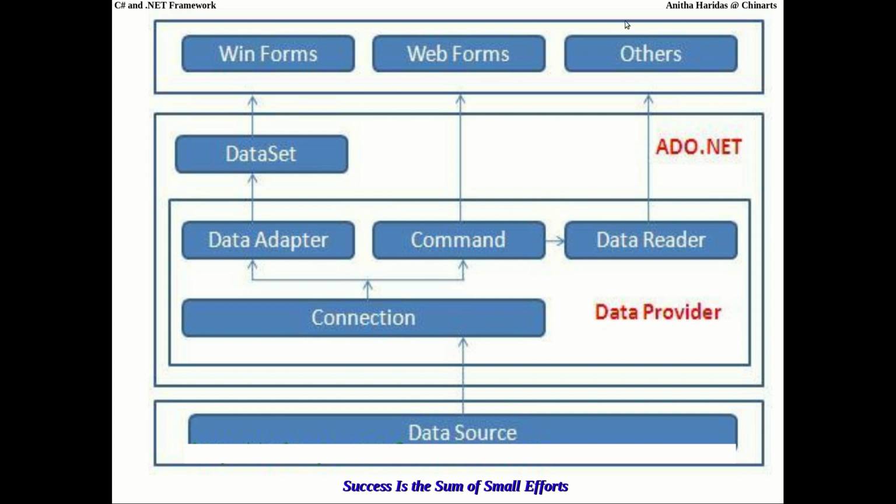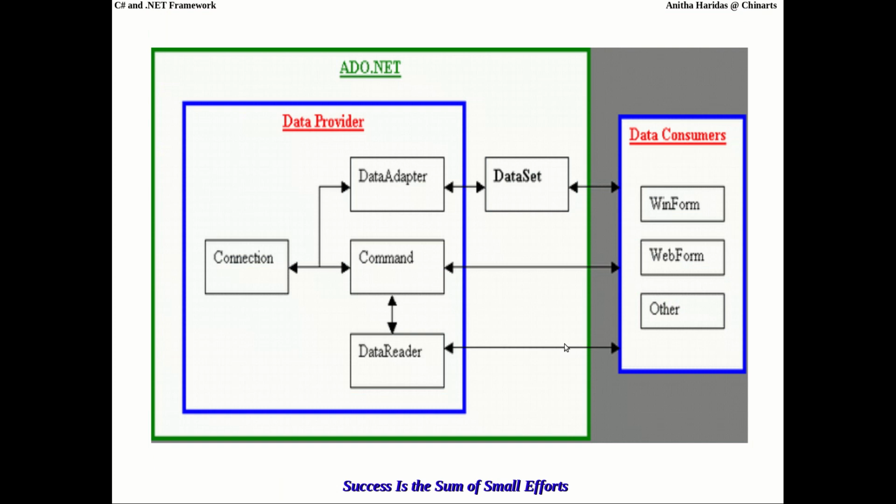And here you can have your .NET application. And this is another interesting diagrammatic representation of the ADO.NET architecture. Your ADO.NET has components like a data provider and a data set. So your data provider and the data set can be connected to a window form or a web form or any other .NET application.